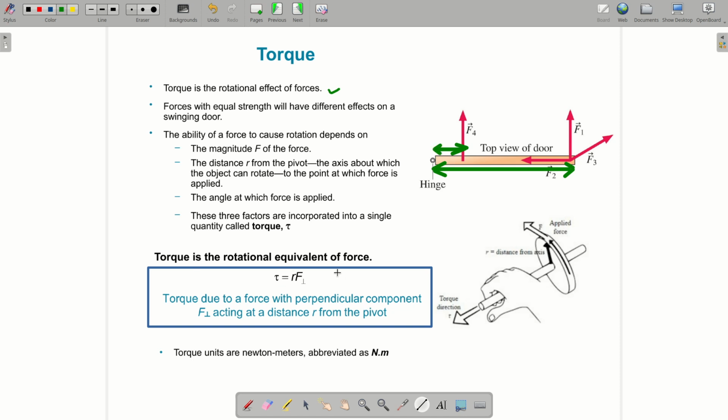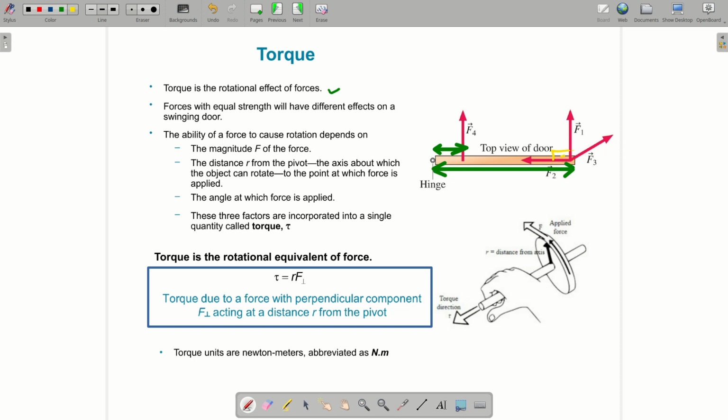What F perpendicular means is we are looking at the component of F that is perpendicular to that r that we defined. And the force F1 is already perpendicular to it, as you see. So if I have that, I already have the perpendicular force.